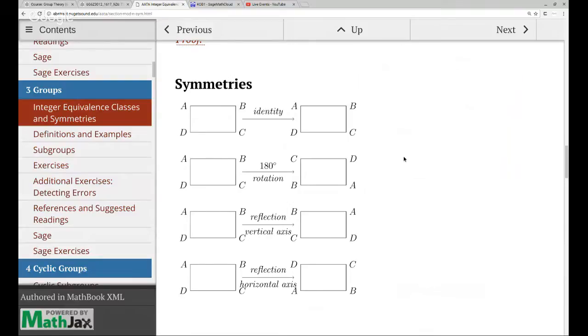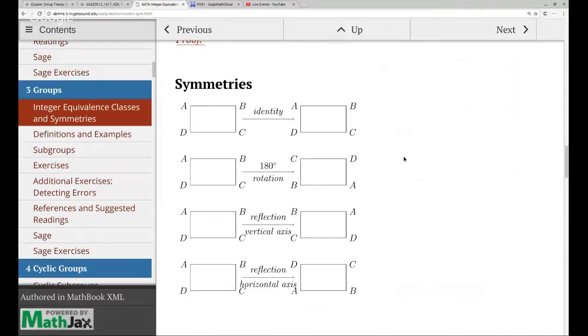E is the identity transformation. R is rotation by pi radians about the center. I don't know whether to say anti-clockwise or clockwise; it's a half turn, so it has the same effect either way.